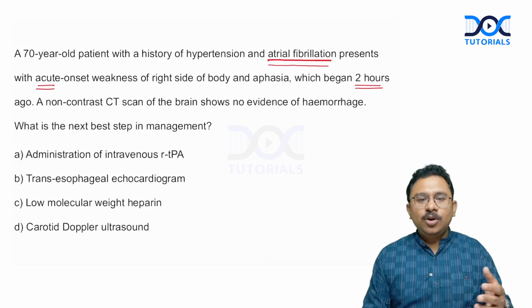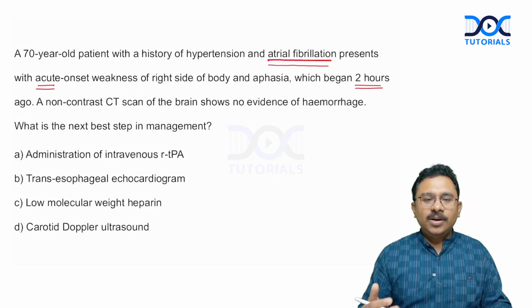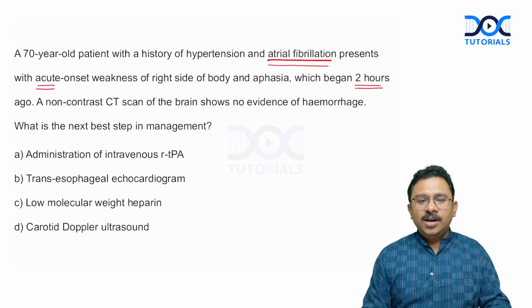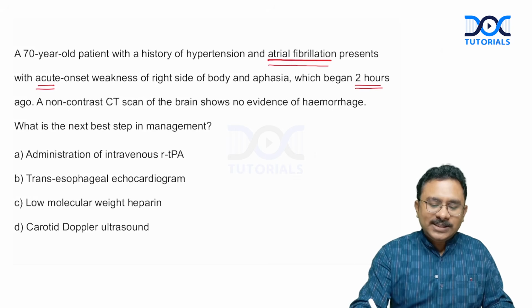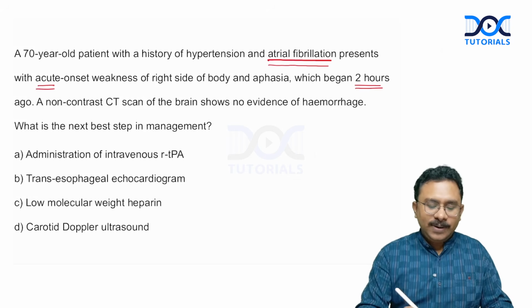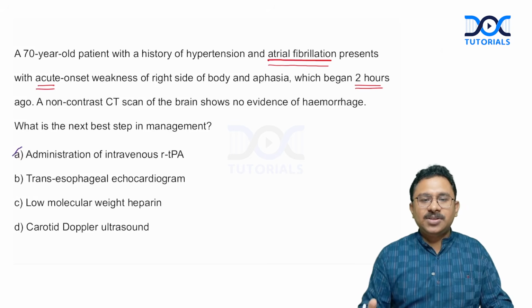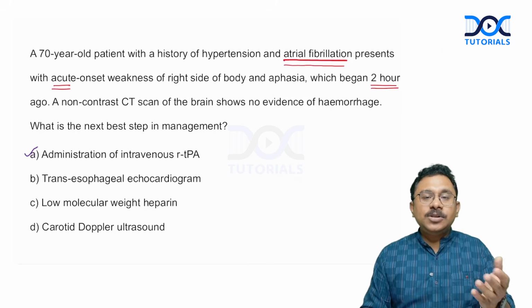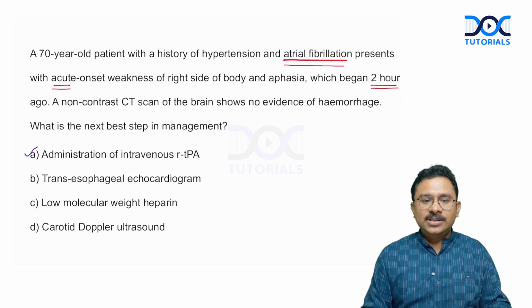So we have already ruled out hemorrhage based on the non-contrast CT scan. The question is, what is the next best step in the management? Option A, administration of intravenous recombinant tissue plasminogen activator like alteplase, which is definitely in consideration as the patient is a candidate for thrombolysis, and I'm not seeing any active contraindication as well.